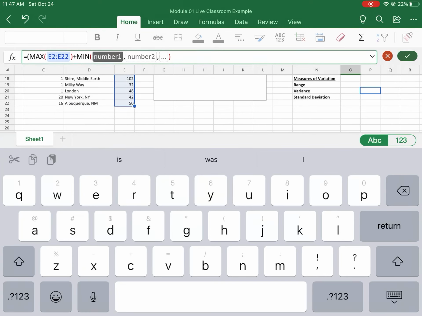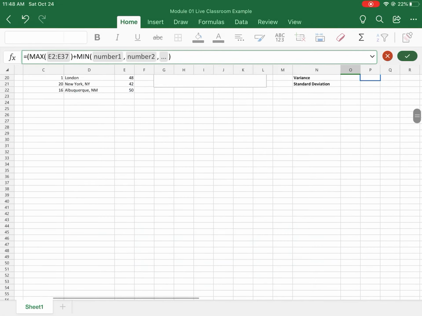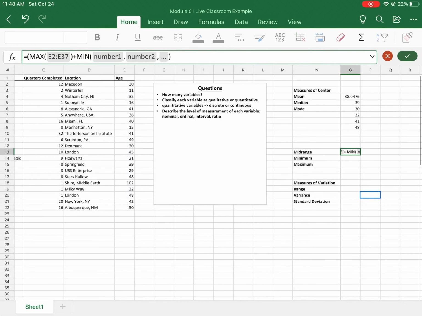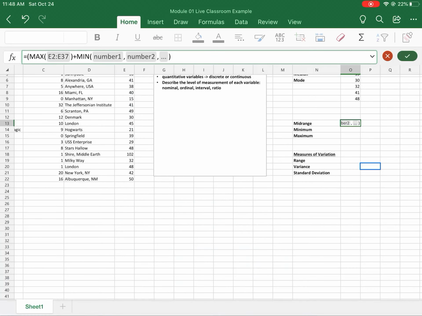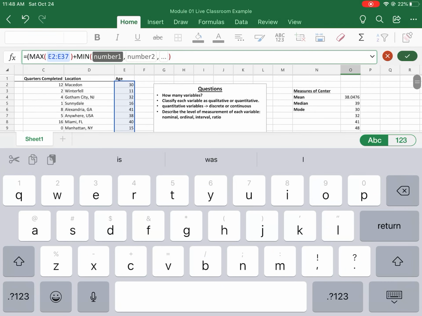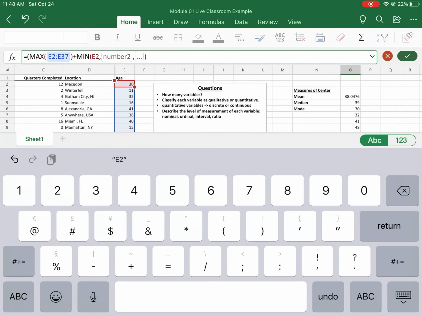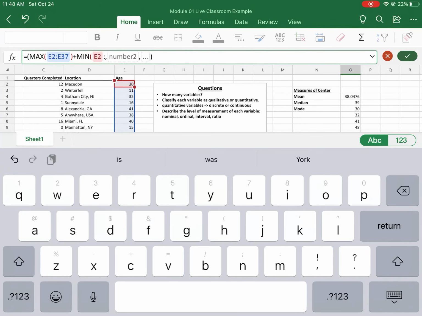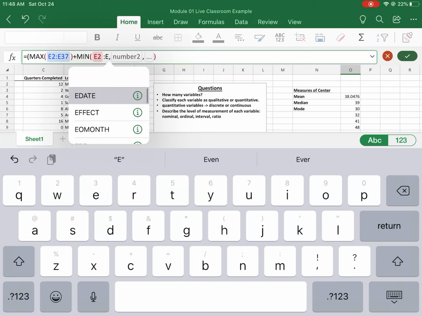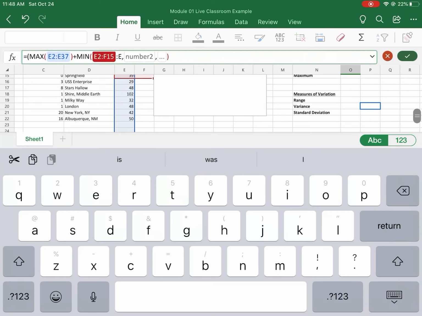Okay, now again, I'm going to go ahead, so I'll just show you how you can, if you want to type it in, it's easier to type in. So that would be E2 to E22.